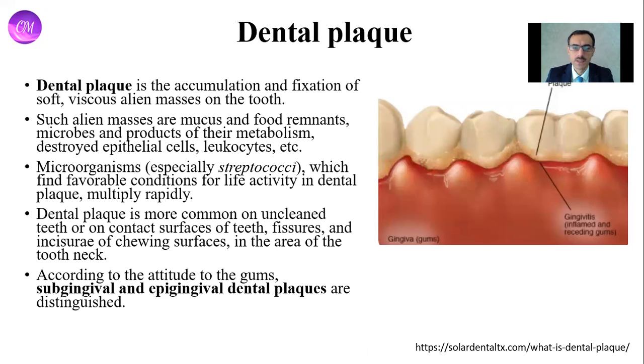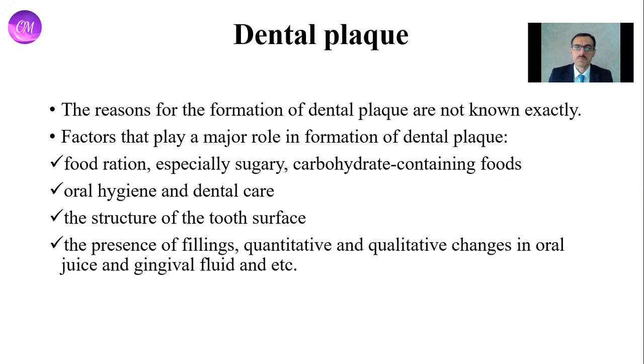According to the attitude to the gums, 2 types of the dental plaques are distinguished: subgingival and epigingival dental plaques. The reasons for the formation of dental plaque are not known exactly.